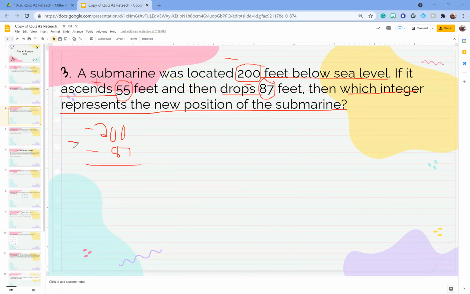We're going to go ahead and combine them because they're the same sign. We keep the sign, and then we have our positive, 55. Whatever we get down here, we're going to find the difference between our big negative and our positive over here. Remember, same sign add, different sign, we're going to subtract, and we're going to keep the sign of the bigger number.